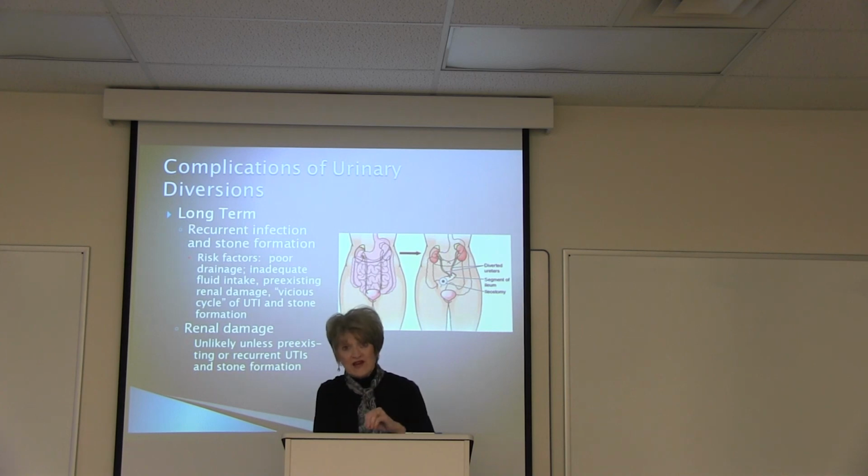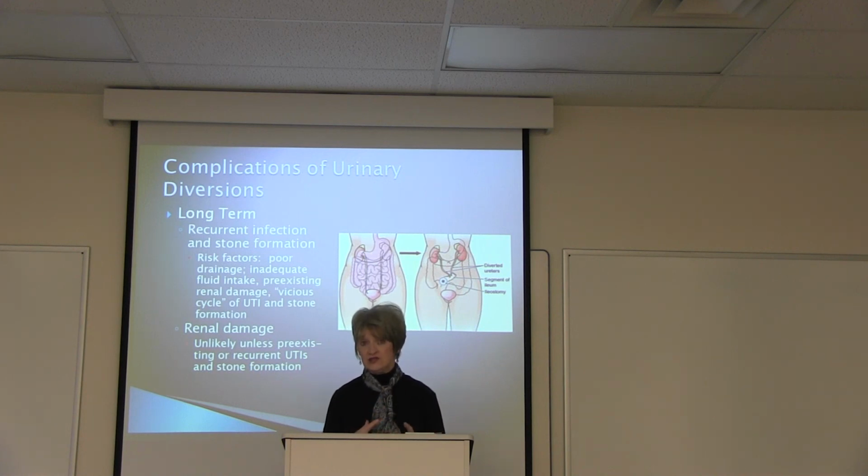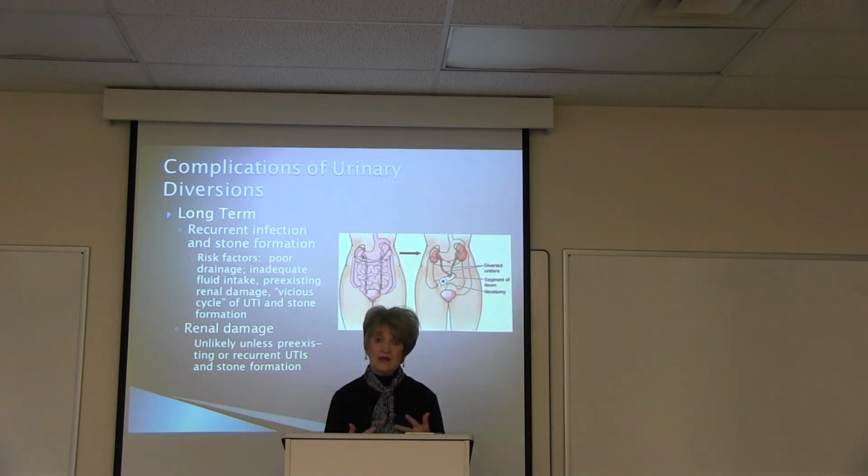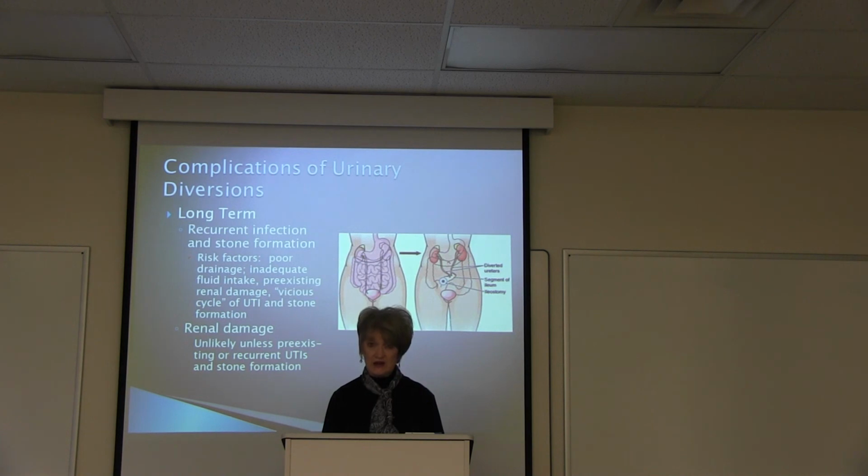If they get another infection with Proteus or Pseudomonas or whatever, then again, you're right back to changes in the pH. So you can get into a vicious cycle of infection and stones that compromise renal function long term, and that tremendously increase the risk of infection. But that's very uncommon. Most of our patients have no pre-existing renal disease.